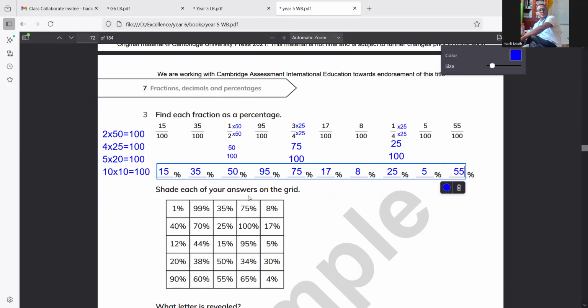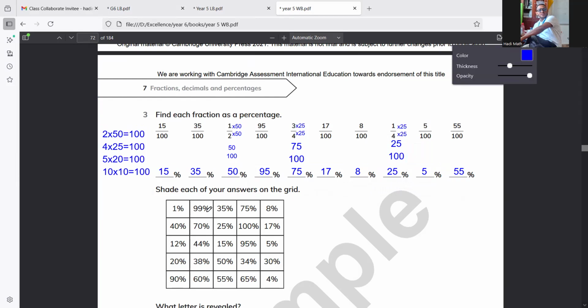They ask you to shade each of the answers on the grid. The answers you got on top, shade them here. The first one is 15%, you see where 15% is, it is over here. Then the 35%, where is it? It's here.